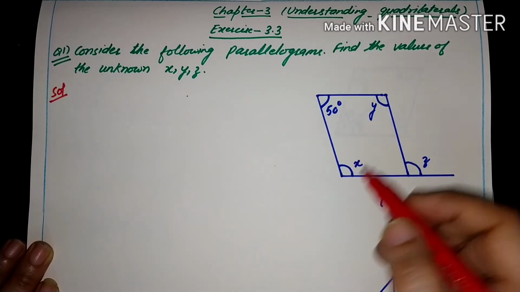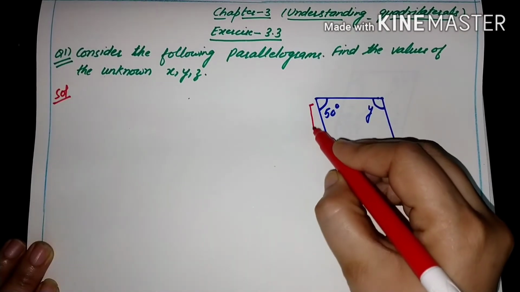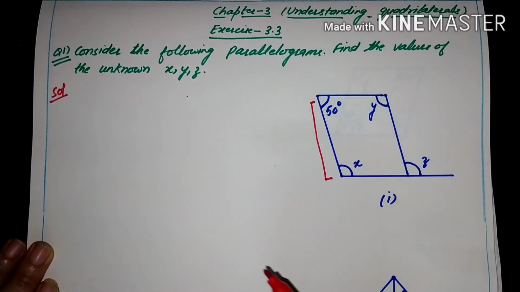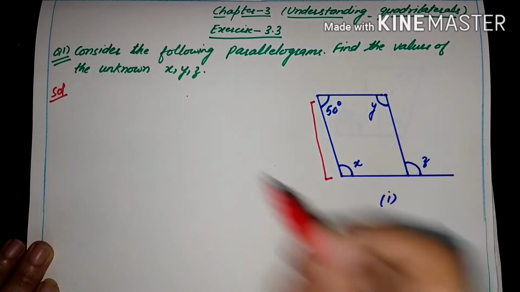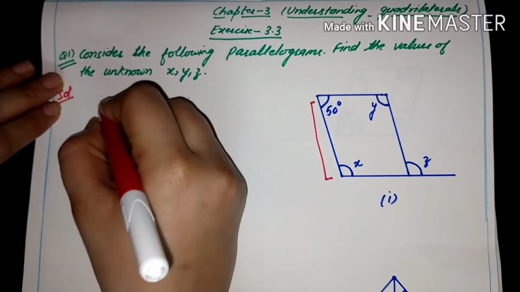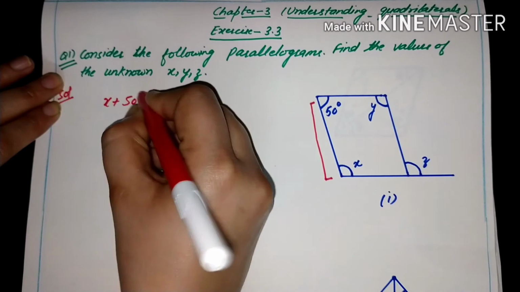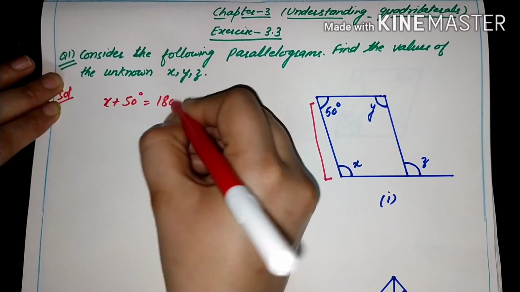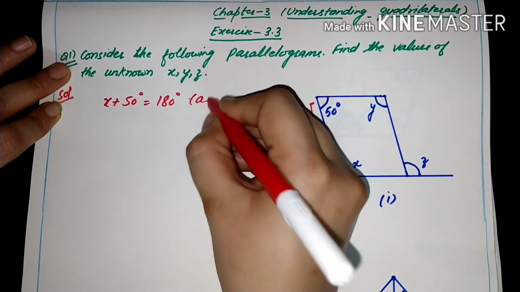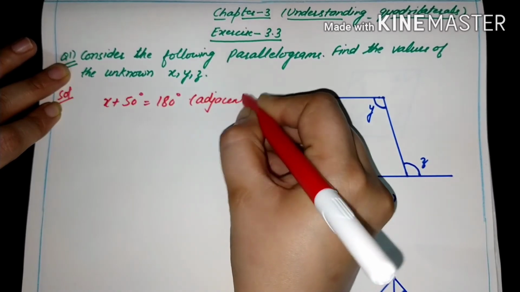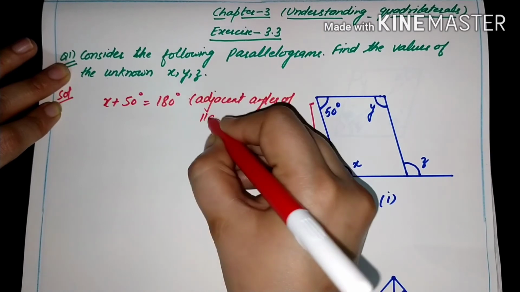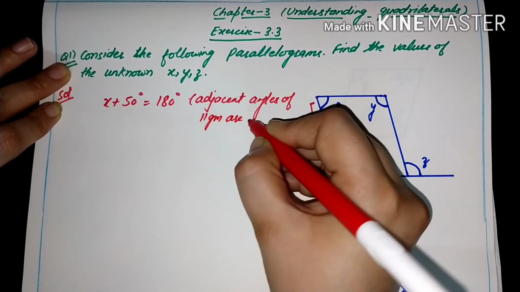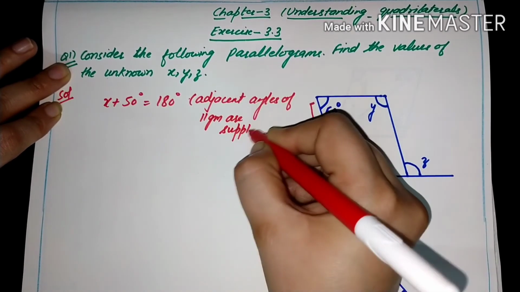So here you can see that x and 50 degree are adjacent angles of a parallelogram, and as I have told you, their sum would be 180 degree. So here x plus 50 degree will be equal to 180 degree, and the reason is adjacent angles of a parallelogram are supplementary.